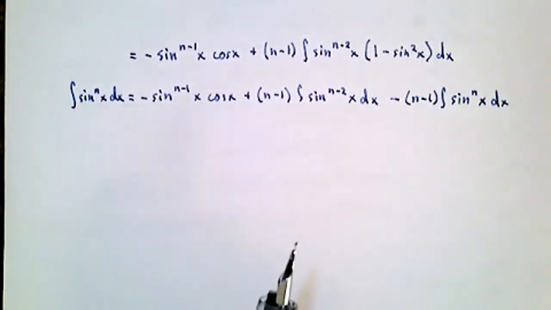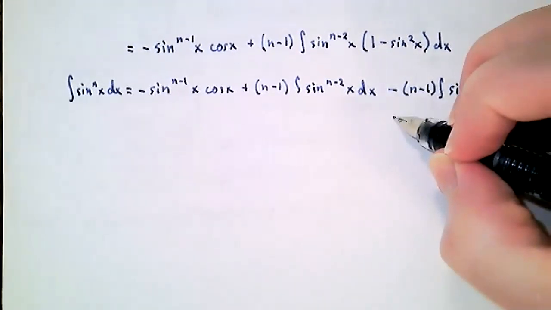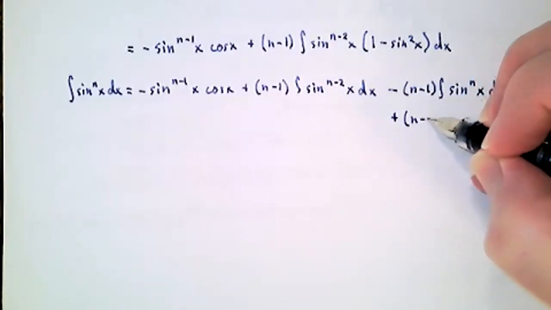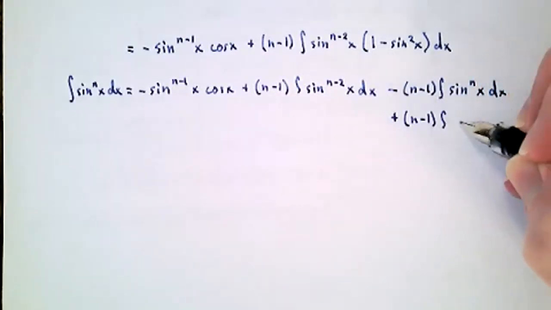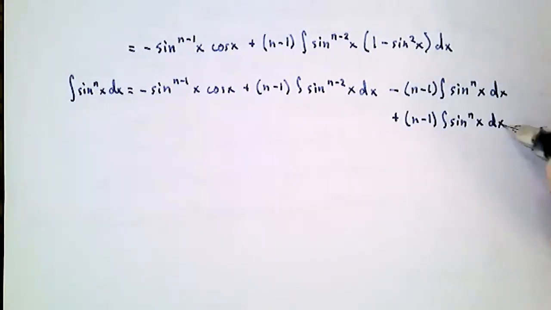So this problem is very similar to the last one, where we looked like we were going to get stuck in a loop, but we can actually do an algebra trick to finish it off. So to both sides of the equation, we're going to add n minus 1 times the integral of sine to the n of x dx.